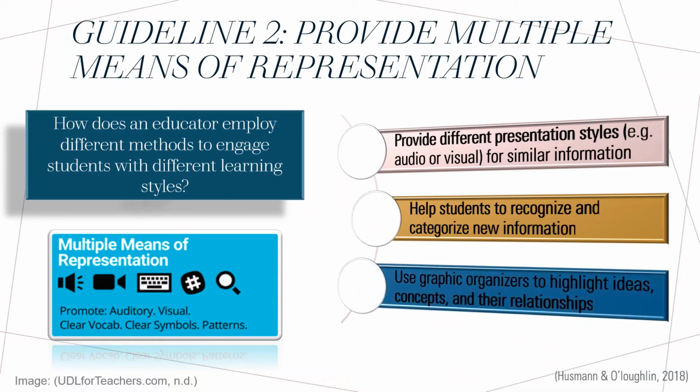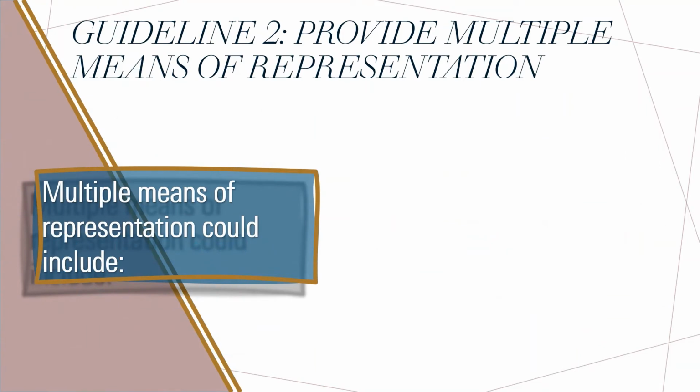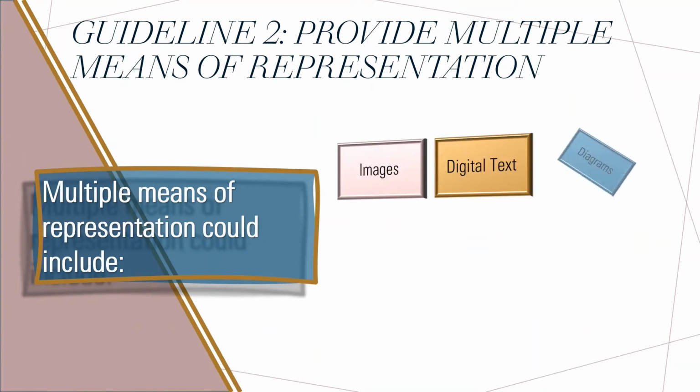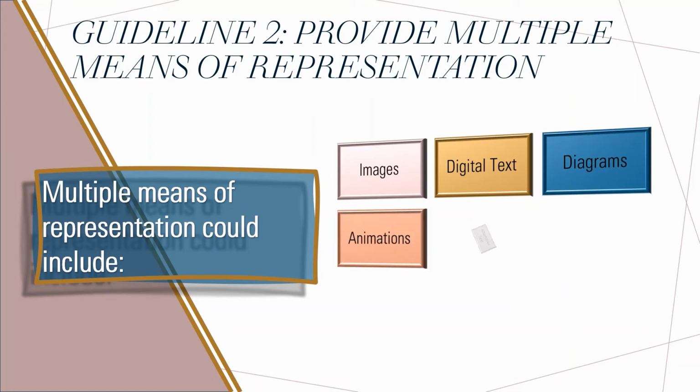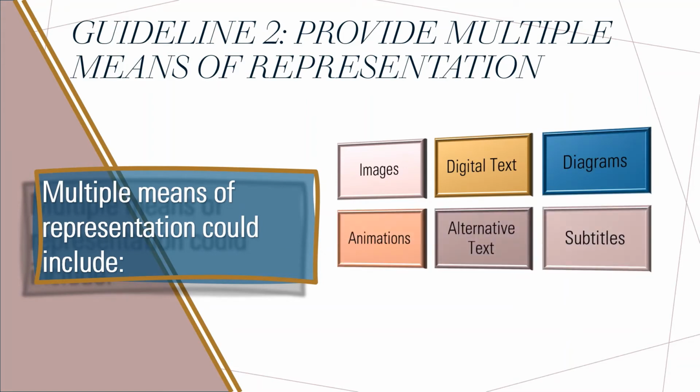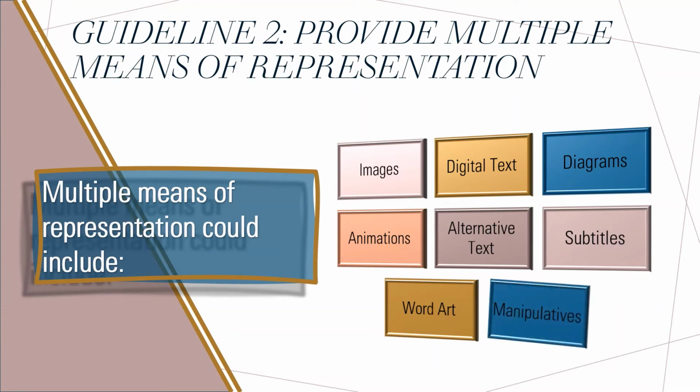And we can use graphic organizers to highlight ideas, concepts, and their relationships. Multiple means of representation could include images, digital text, diagrams, animations, alternative text, subtitles, word art, manipulatives, again, just to name a few.